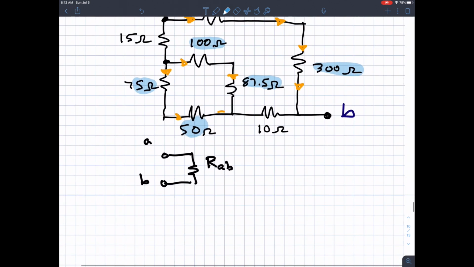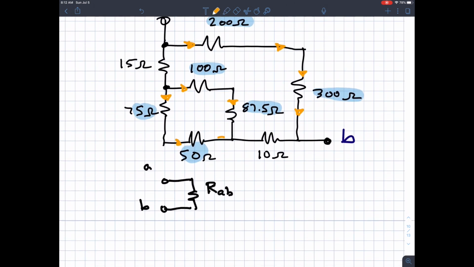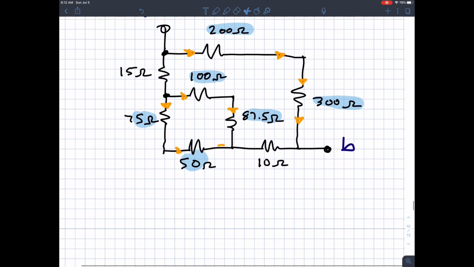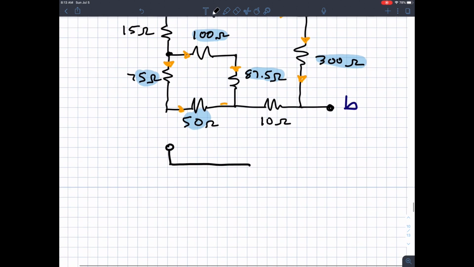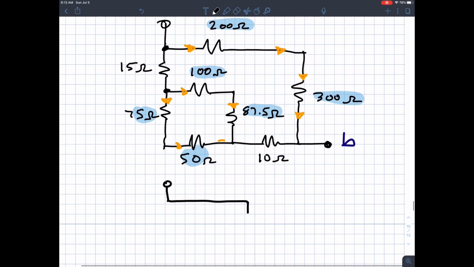That's a good first step, and you can start to simplify the circuit as you go. I'm going to get rid of this and redraw it with some simplifications. Here is this branch. I turned the 200 plus the 300 into a single resistor of 500 ohms. The 15 I didn't do anything with, so 15 ohms still.